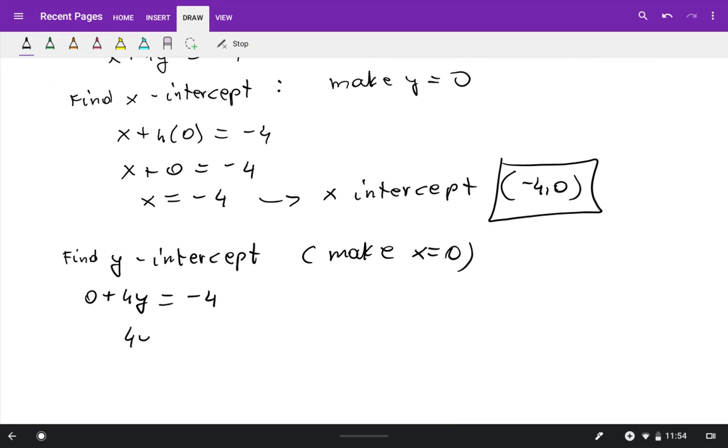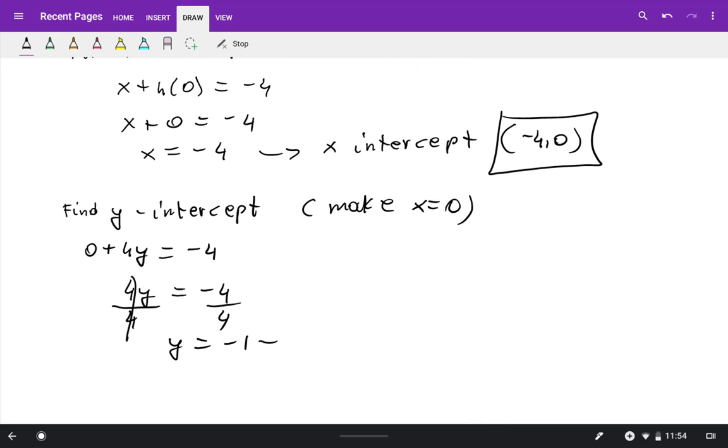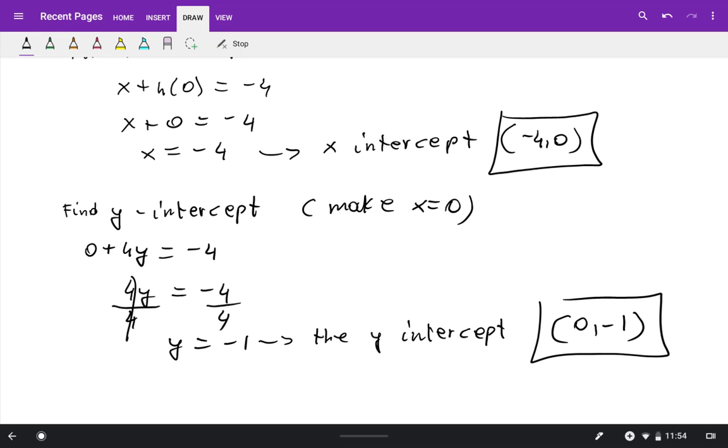So you're having 4y equals negative 4, divide each side by 4, and you're getting y equals negative 1. So this is the y-intercept, which means you have the point 0 comma negative 1. So we have to plot 2 points, negative 4 comma 0 and 0 comma negative 1, on a graph.